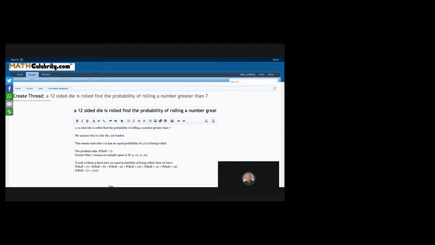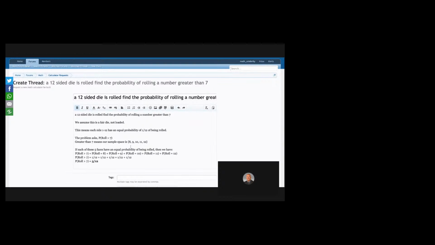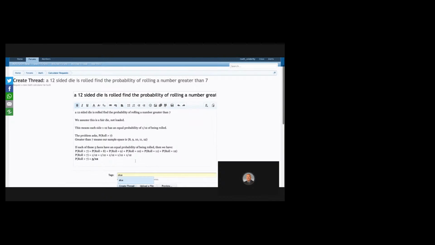So it's 1/12 plus, keep doing that. Probability of roll greater than 7 equals 5/12. So each side is fair. We've got 12 sides. The problem asks greater than 7, which means 8, 9, 10, 11, or 12. And that is our answer.